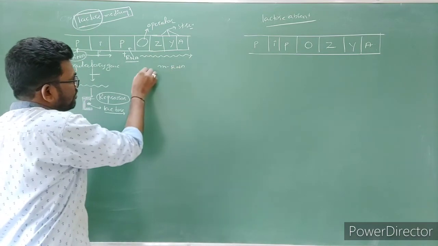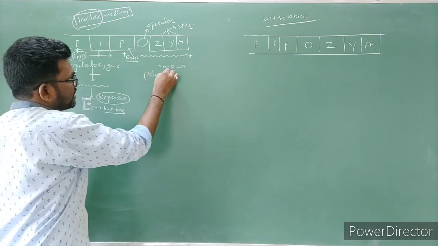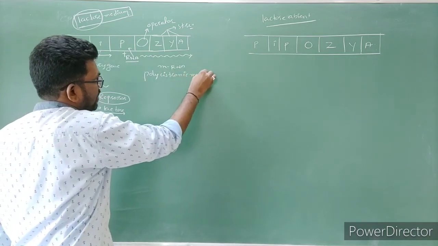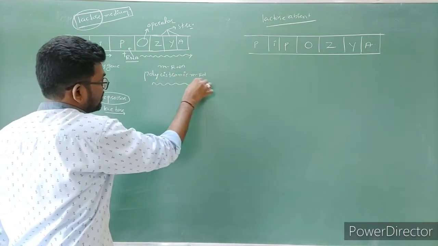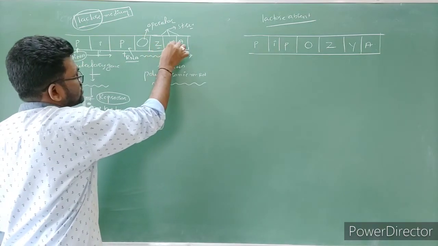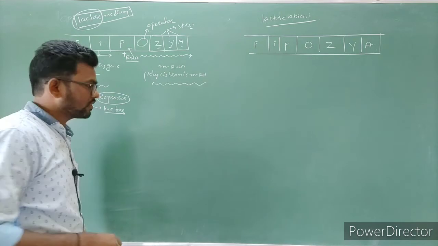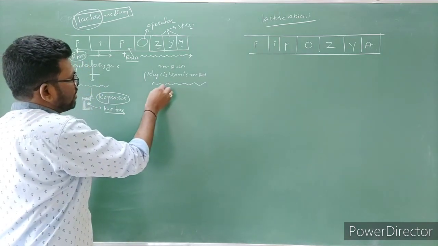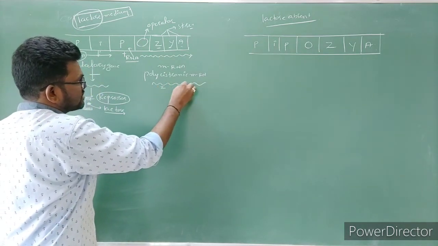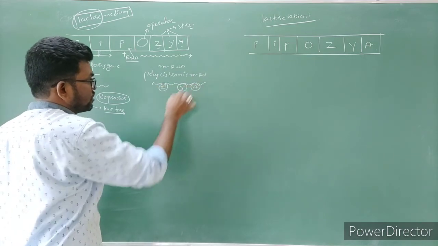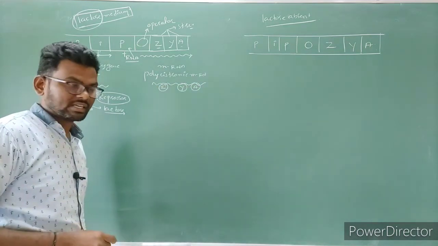Which mRNA is formed? A polycistronic mRNA is formed, because three genes are there, 1, 2, 3, not monocistronic. This is Z, this is Y, and this is A. These three genes code for three enzymes.